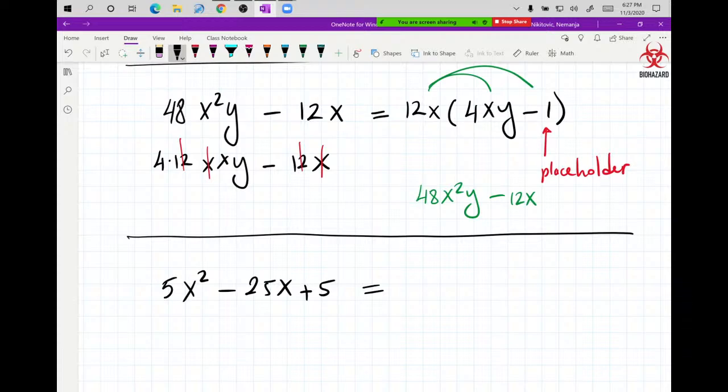What would be the GCF for this one? 5. That's it. Just number 5. And then the rest is x squared minus 5x. And here is the plus 1 at the end. That plus 1, again, is the placeholder, something that we want to have because we need to multiply back into that number.